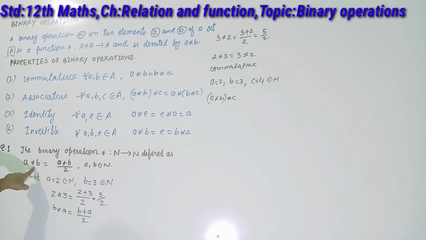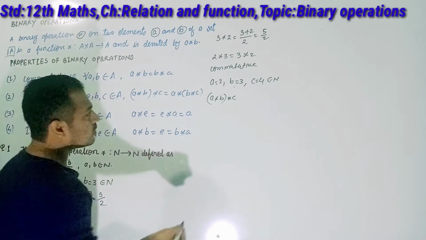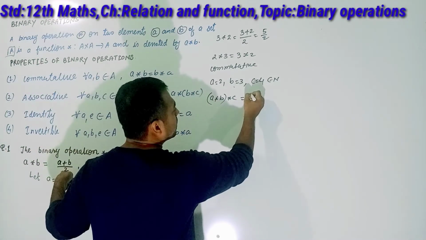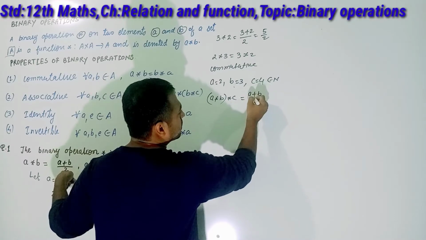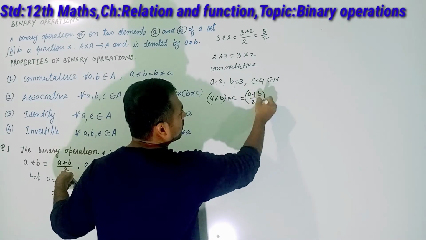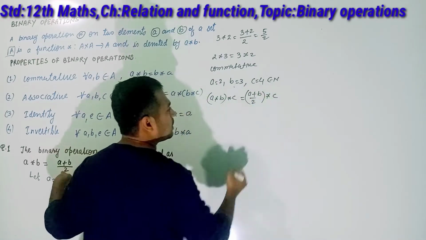We know that a star b is equal to (a plus b) by 2. So here we can write (a plus b) by 2 star c.